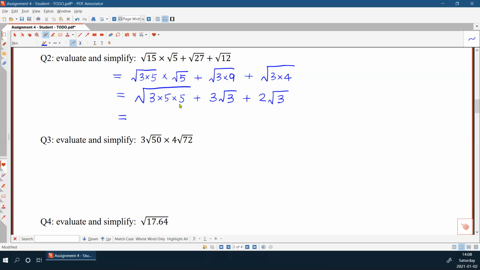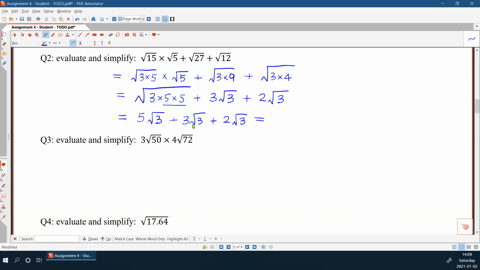Okay, next, the first term is, because we have 5 by 5 under a square root, we can put 5 in front. That becomes 5 times square root of 3 plus 3 times square root of 3 plus 2 times square root 3. Okay, and then they have a common factor square root 3.